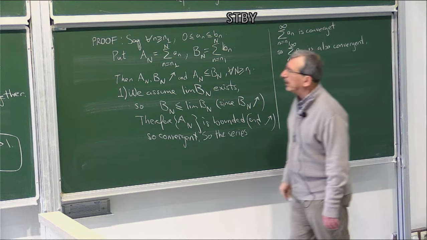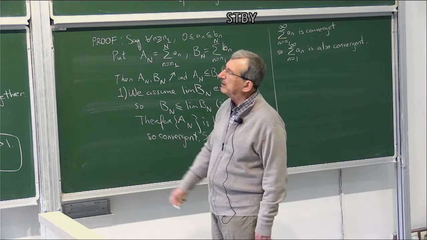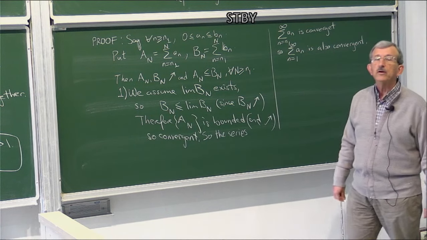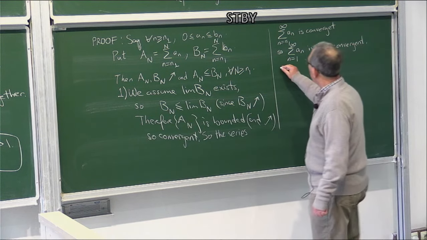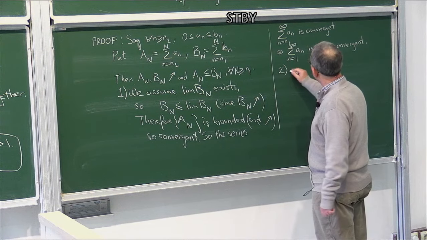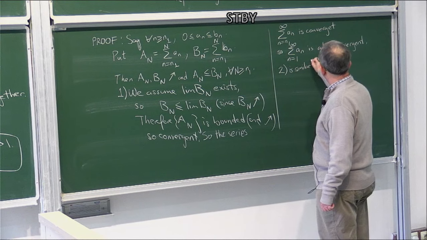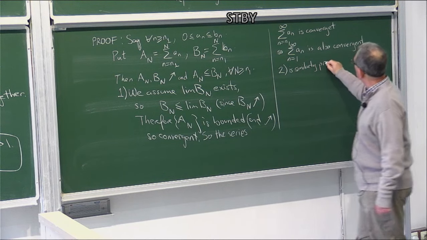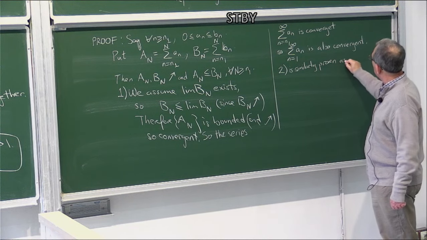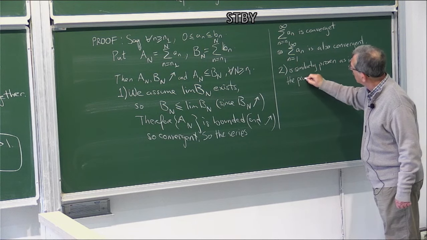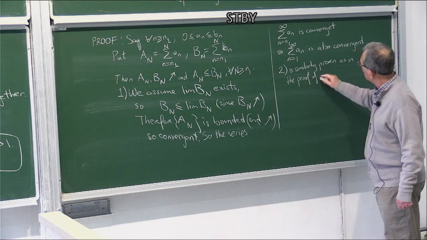Okay, 2 is proven similarly to the case in the comparison with improper integrals. I will not go into that. 2 is similarly proven, as in the proof of the integral test.